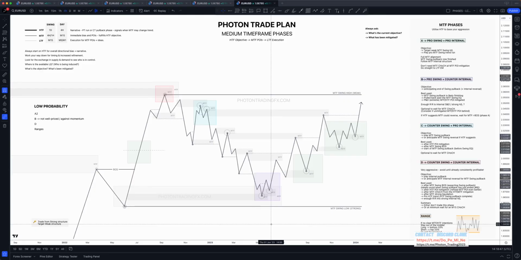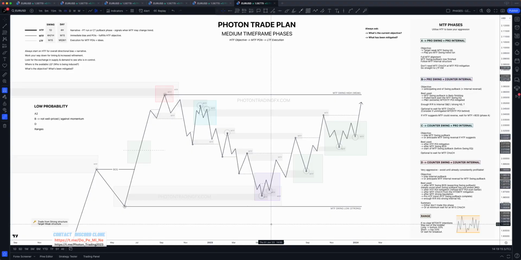The way I think it will be good to go through these examples is, as you can probably see, I'm splitting them up between what I believe to be low probability setups, the medium probability setups, and then those high probability setups. Now, obviously, it's a bit of discretion as to exactly how you categorize the trades between those, but I'm going to try and make the distinctions as clear as possible. And we'll go from there.